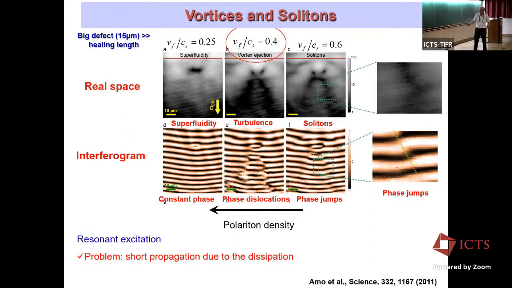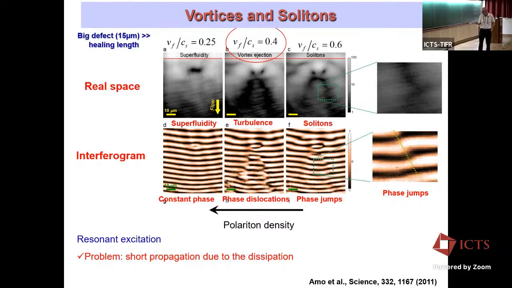But as I already said, the very big problem with this technique is that we have a short propagation due to the dissipation. We pump only here, then the flow of polaritons goes in this direction, but due to the dissipation, after, let's say, 40 micron, the polariton density is very low and we have no more signal.